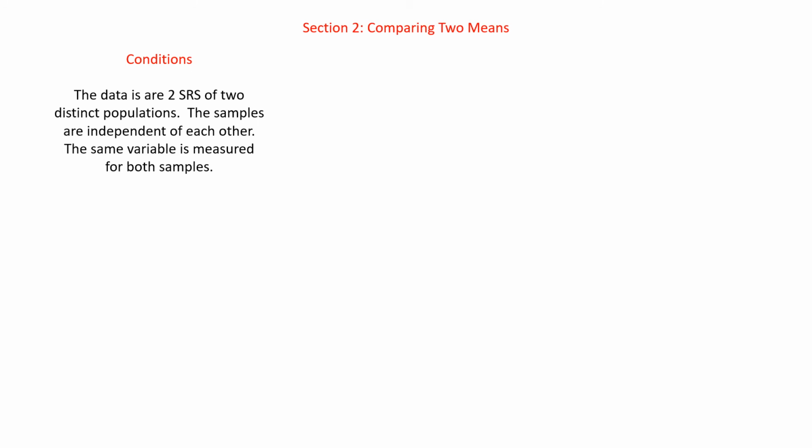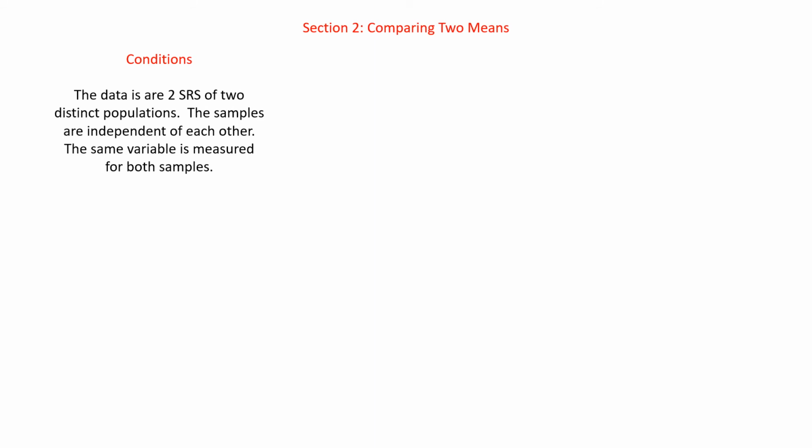Two distinct populations means that the populations are completely separate. It could be separated geographically. It could be different types of plants, different types of soils. It could be separated age-wise or gender-wise.